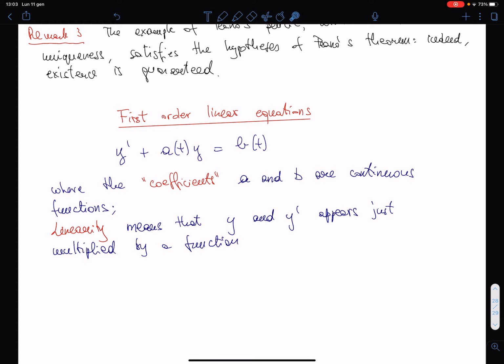For y prime, the function is 1 because the equation is in normal form. They do not have any power. There is no y square or exponential or so on.